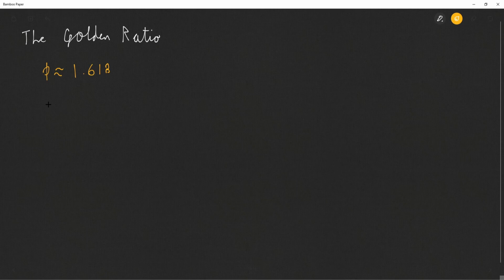If we take the slant height of the pyramid and divide it by half of the base, this actually gives us an approximation of 1.618 again. So it is again close, but the debate is whether it was intentional or accidental.